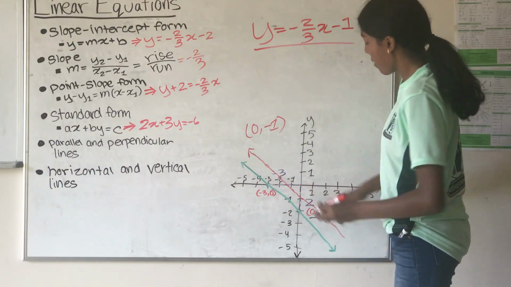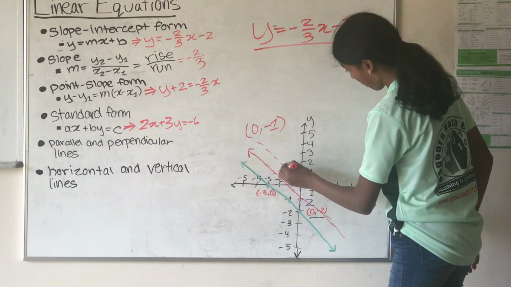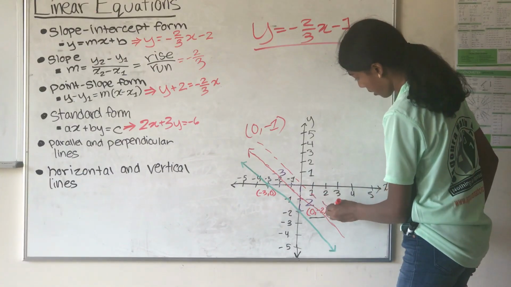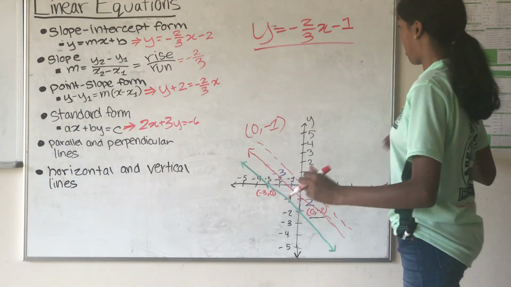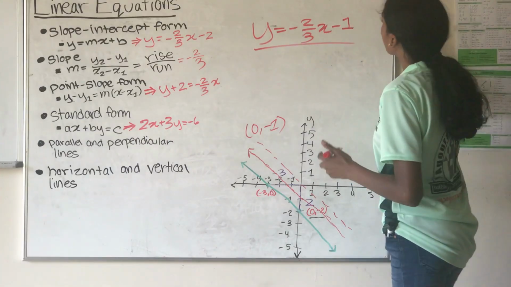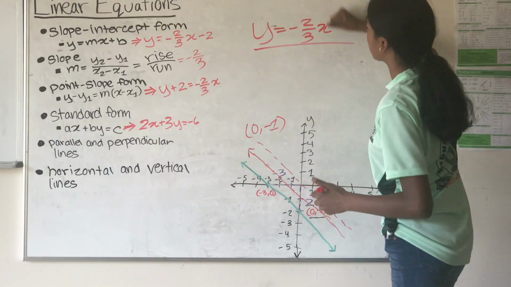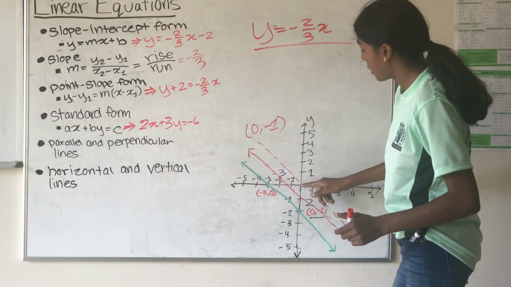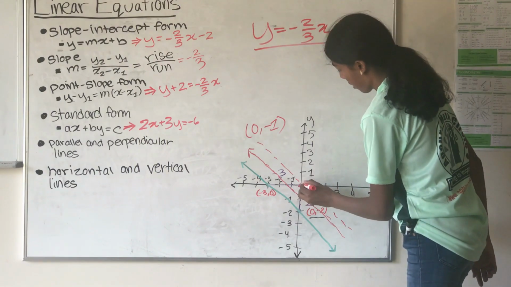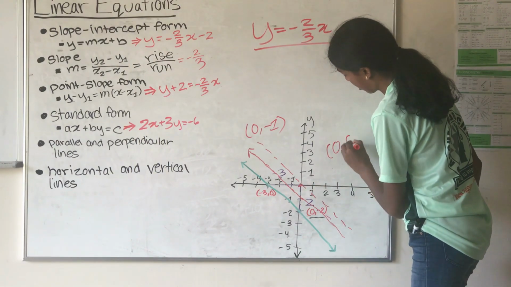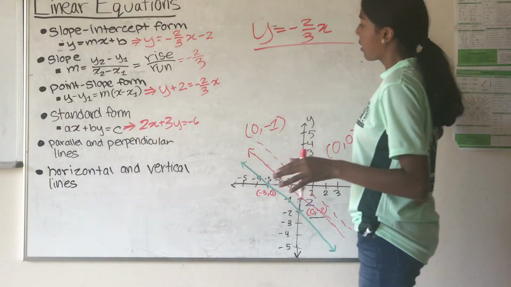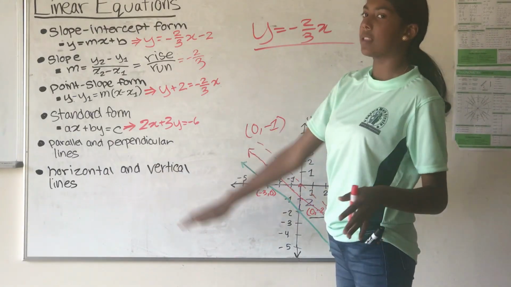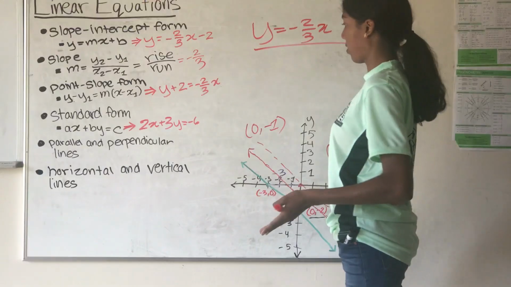If we were to have it go through like this, we're going to have to use a lot of imagination here. Then our line would be y is equal to -2/3 x because it intersects at 0, 0, which is the origin. So that's how we would do parallel lines. Now for perpendicular lines.